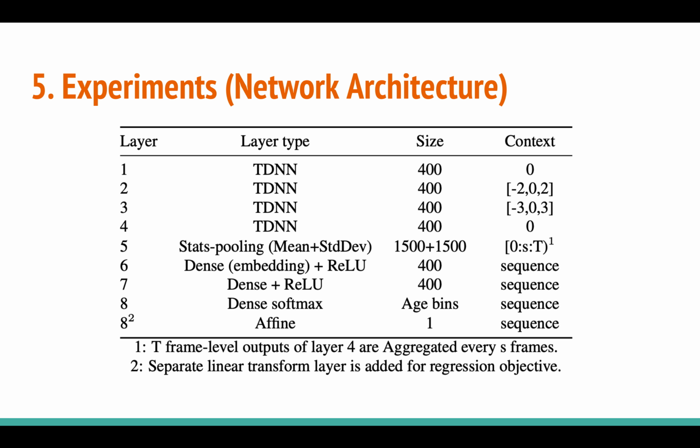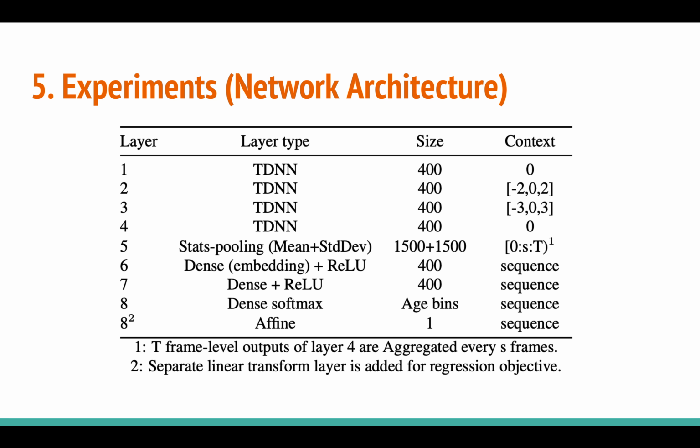The output of the fourth layer goes into the statistics pooling layer, which computes the mean and standard deviation of all the representations computed at each and every timestamp, from 0 to capital T minus 1. Then it pools them using this stats pool, computing the mean and standard deviation of all the vectors, then concatenating them. That means they get 1500 plus 1500 dimensions, which is a 3000 dimension vector.